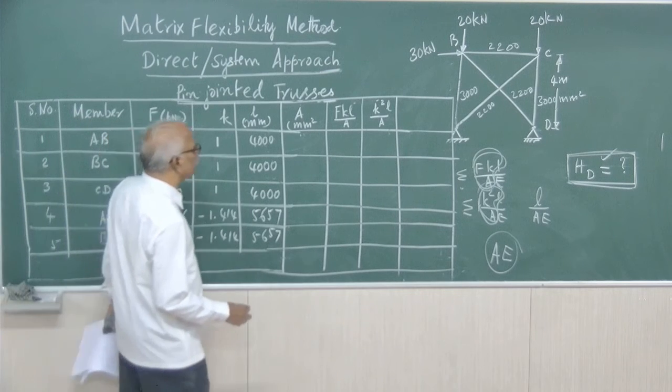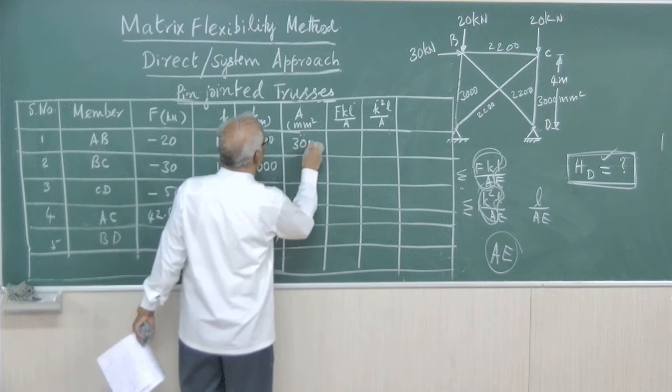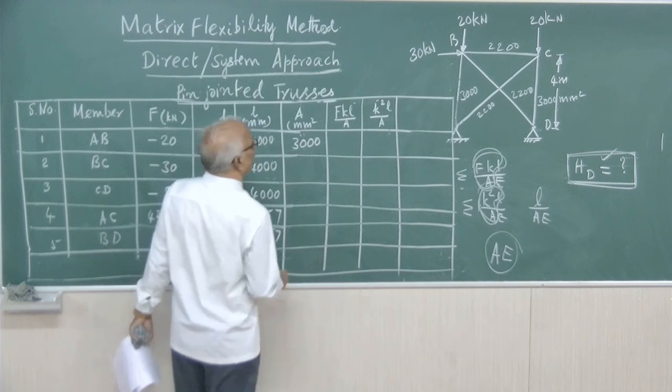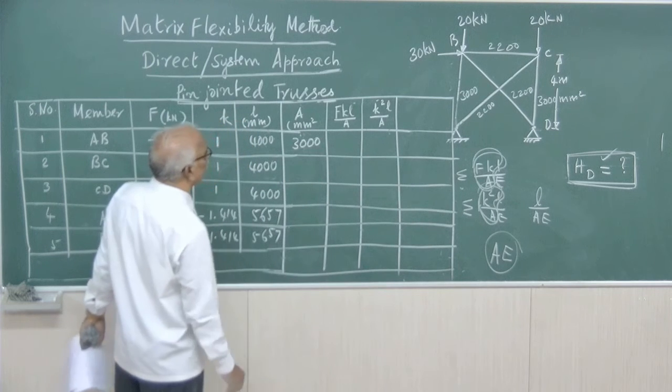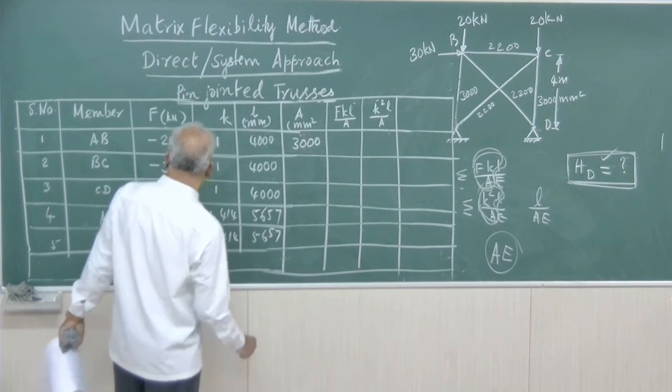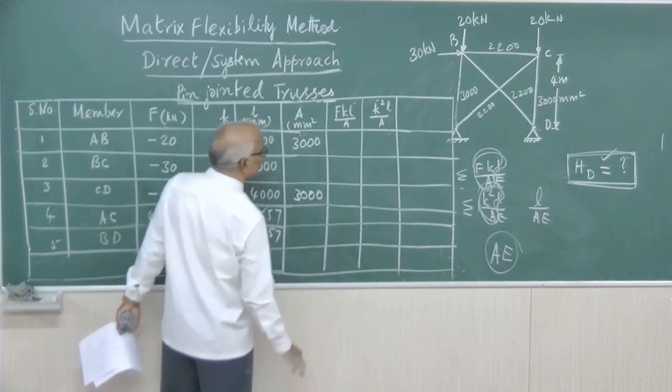Then area for vertical members it is 3000. Vertical members are AB and CD. CD is also 3000. There are 2 vertical members.